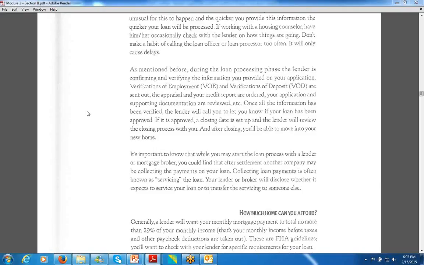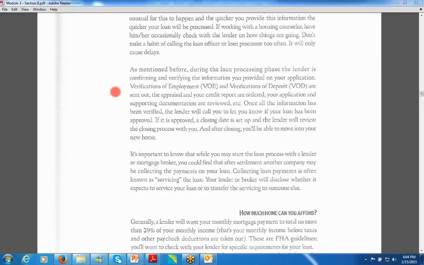An underwriting risk, what an underwriter does, underwrites the risk, assesses the risk of this transaction so it can be approved or not approved. VOE, verifications of employment, it's a form you will sign telling your employer that you give them permission to give the lending company information about your employment, your income, your length of income, the likelihood of continued income. That will be verified in writing before we lend you money.